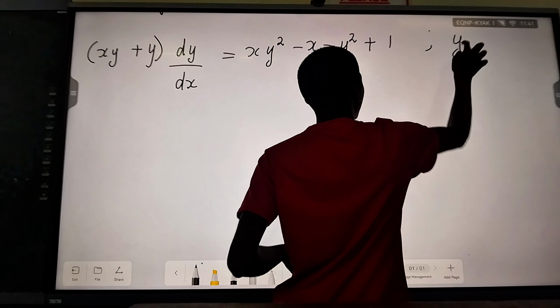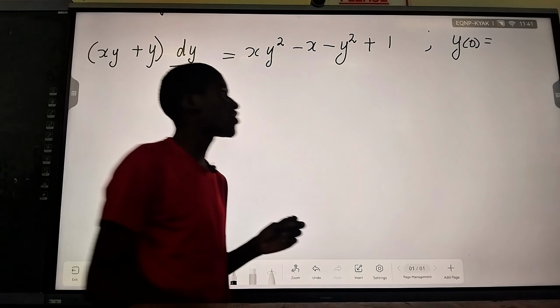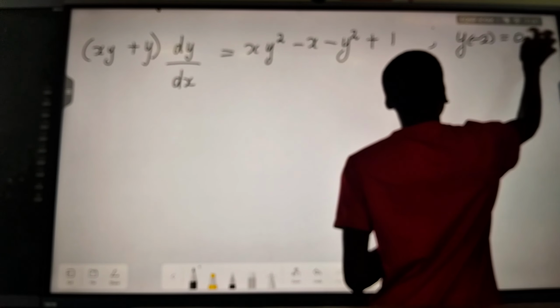The initial condition is given that y at 0 is equal to 1, or y at minus 2 is 0. So y at minus 2 is equal to 0.